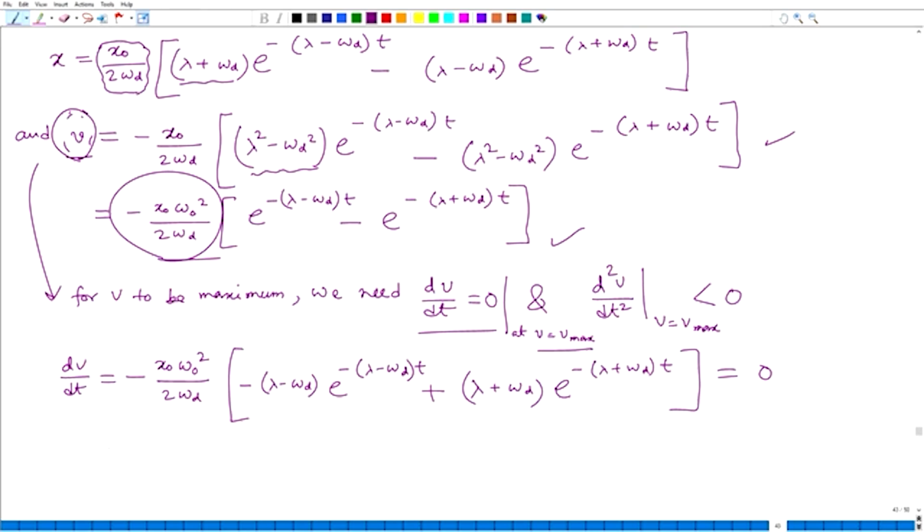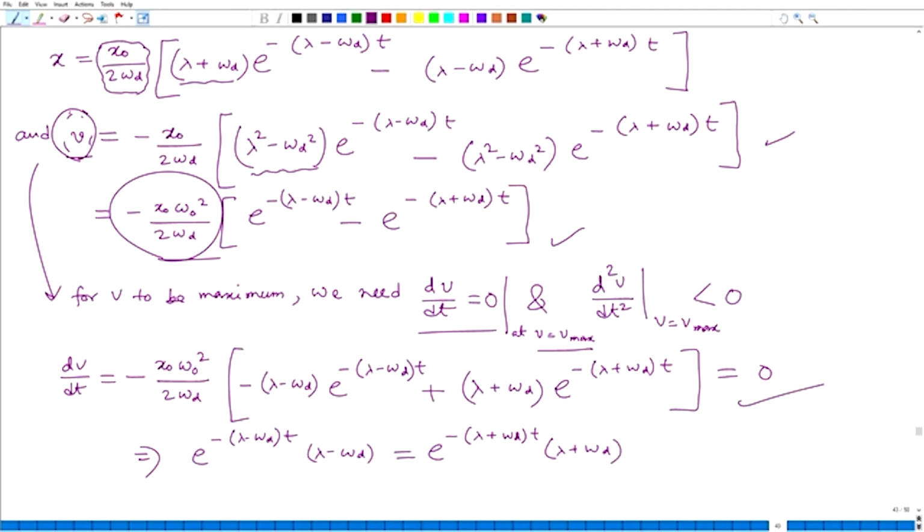If this is true, then we can say e to the minus lambda minus omega d t times lambda minus omega d will be exactly equal to e to the minus lambda plus omega d t, times lambda plus omega d. Okay. That is the condition for this to be 0.